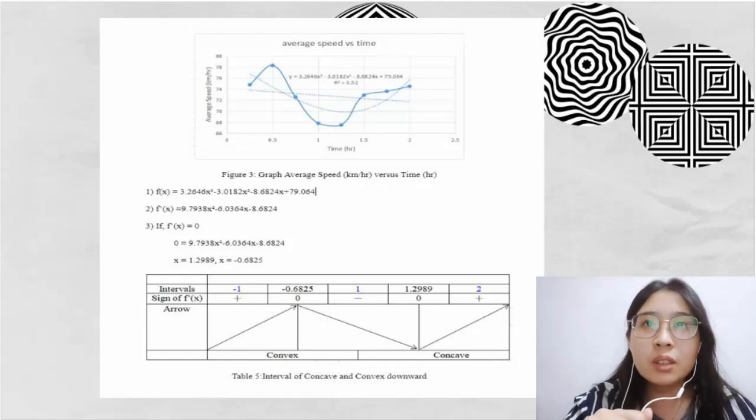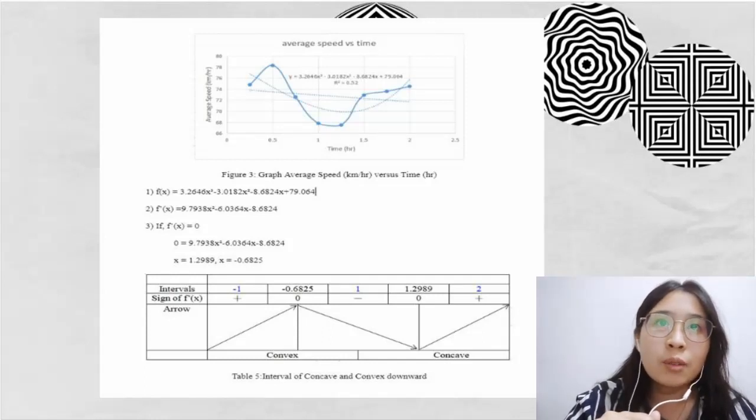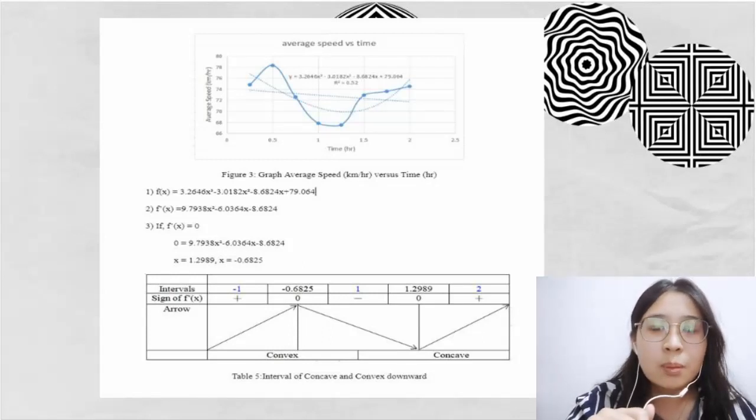From the equation, I did the first derivative, and the x values are 1.2989 and negative 0.6825. From these two values, I made the intervals, which are negative 1, 1, and 2. Inserting these three into the first derivative equation, for negative 1 the sign of f'(x) is positive, for 1 the sign of f'(x) is negative, and for 2 the sign of f'(x) is positive.